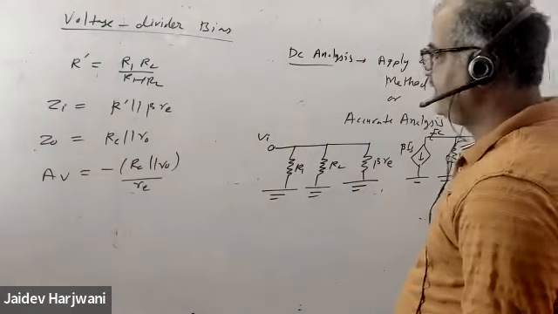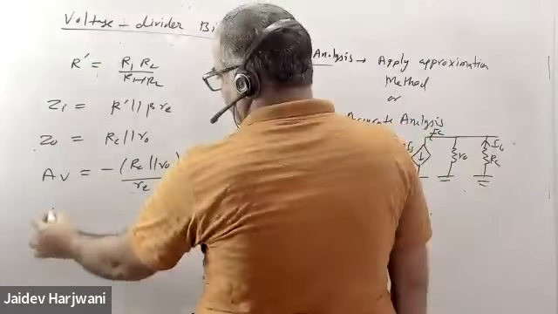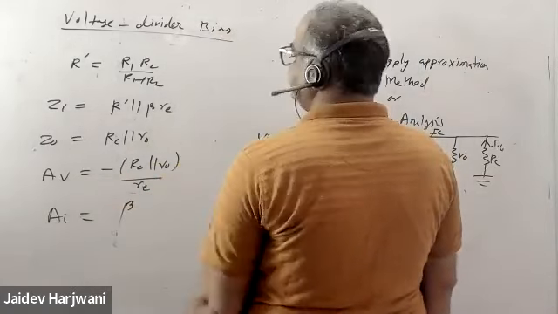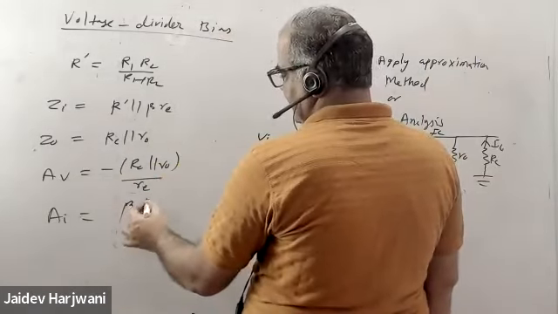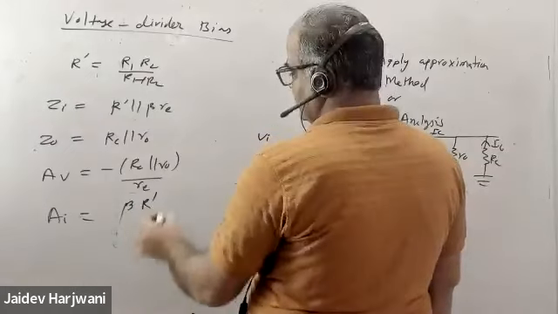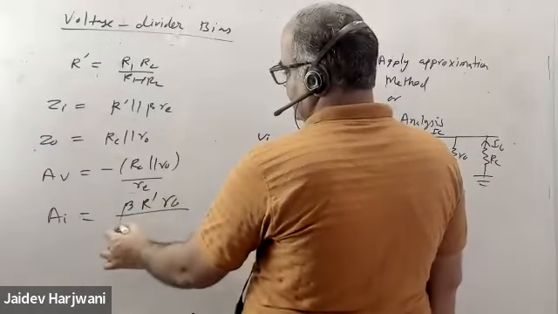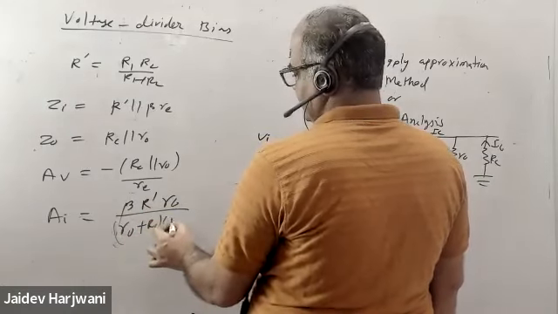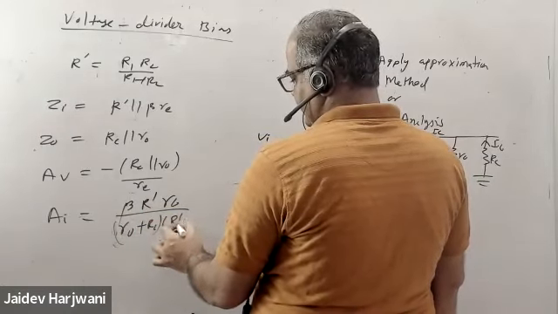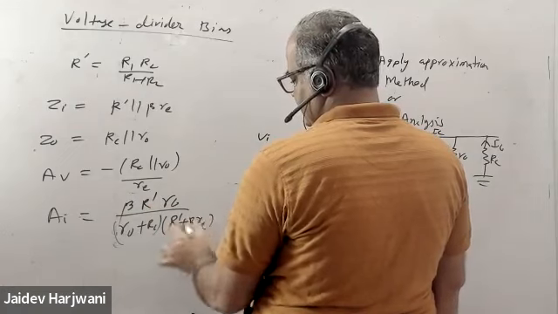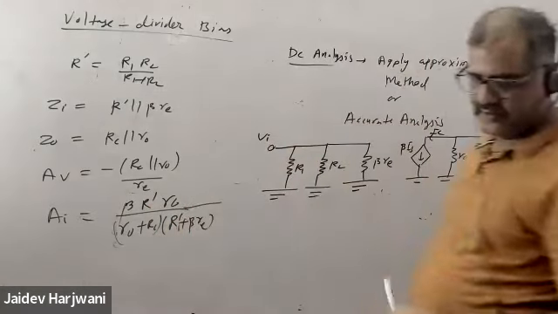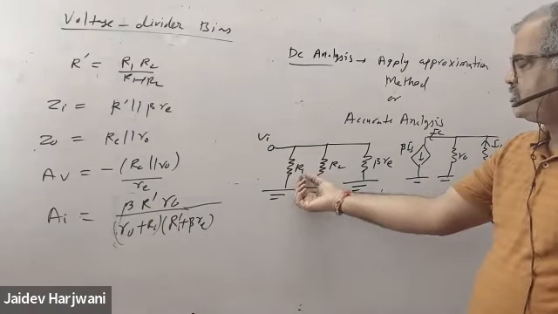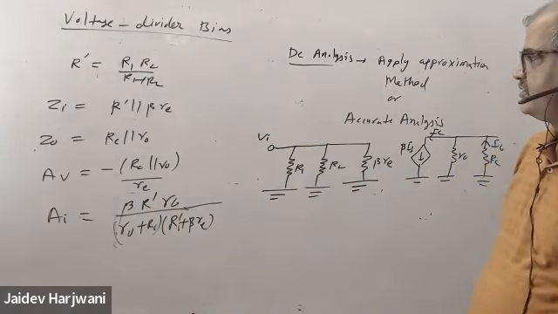The current gain for this particular case will be beta R naught RC over RC plus R naught, times RB, which is R dash, plus beta RE. That's it. No change, all formulas the same. Just replace RB by R dash, the combination of R1 and R2.